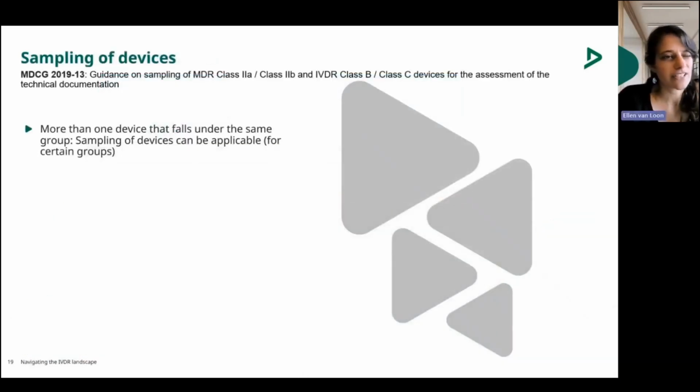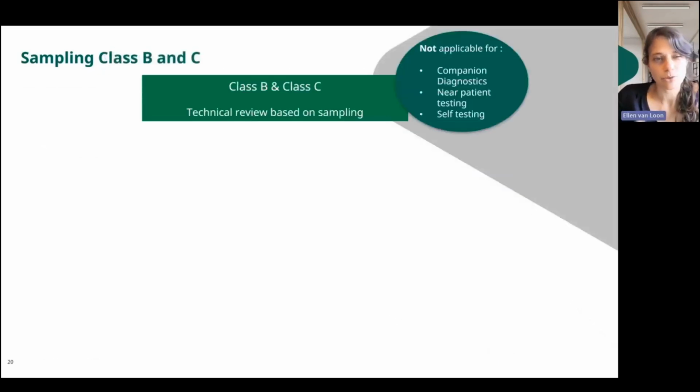Next, I'll talk a bit more on the sampling of devices. There is an MDCG guideline, 2019-13, which provides you some more guidance on sampling. If more than one device falls under the same group, then sampling of devices might be applicable. So how are these groups made?